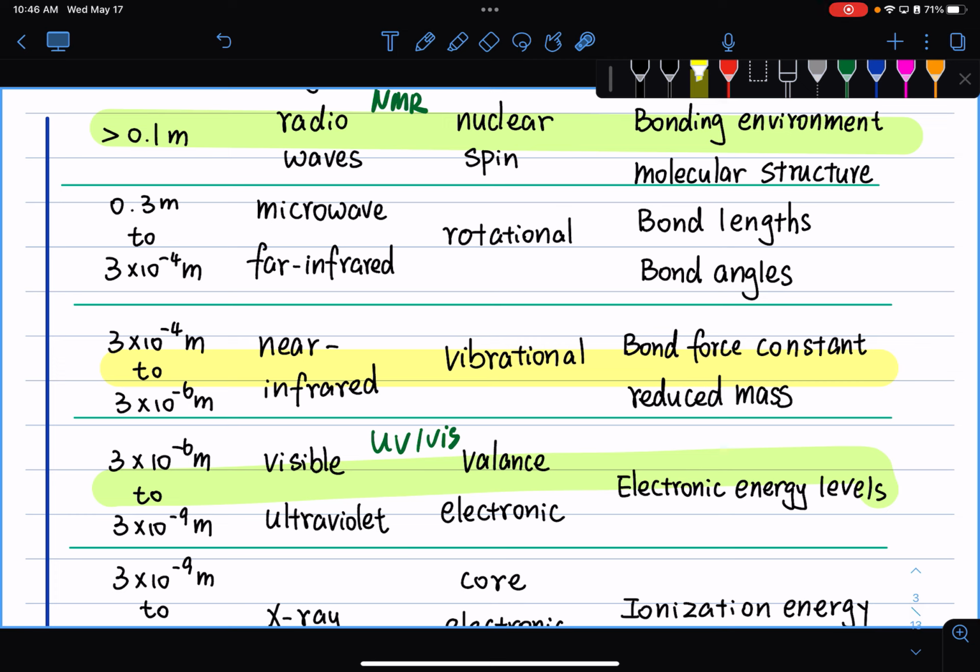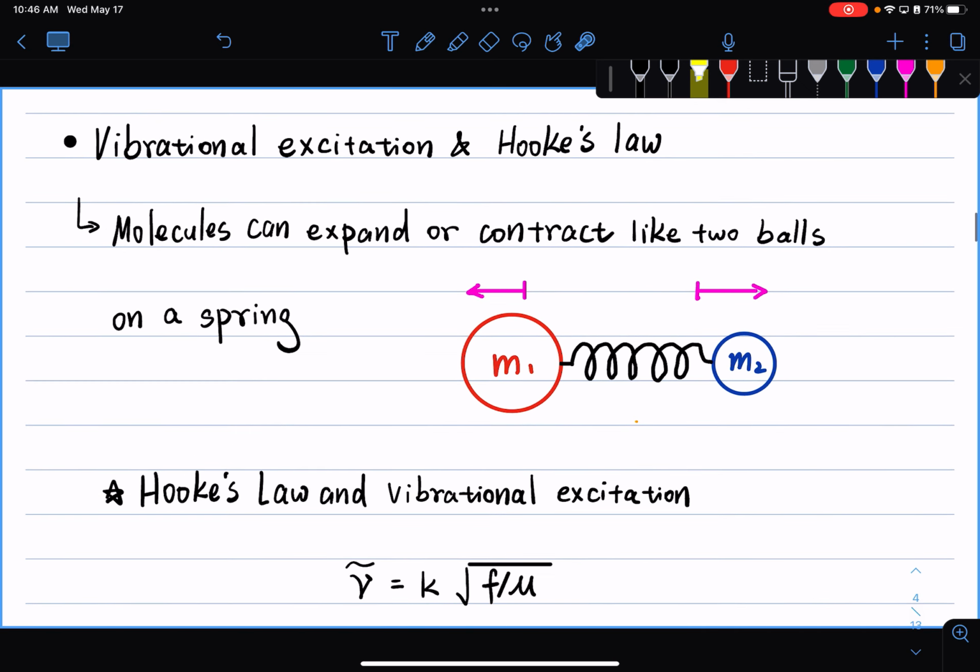All right. We have four more minutes, so I'm just going to quickly introduce what vibrational energy means, and we'll pick up on Friday where we left off. When we're talking about vibrational excitation, the way to think about it is as a harmonic oscillator, or in other words, two balls attached by a spring.